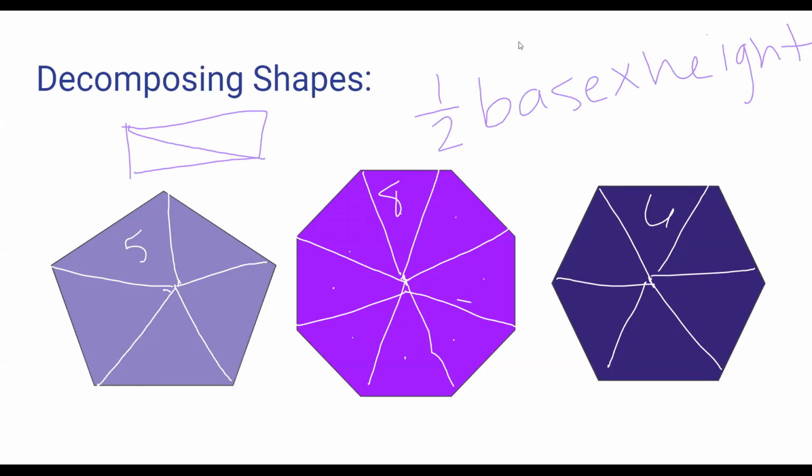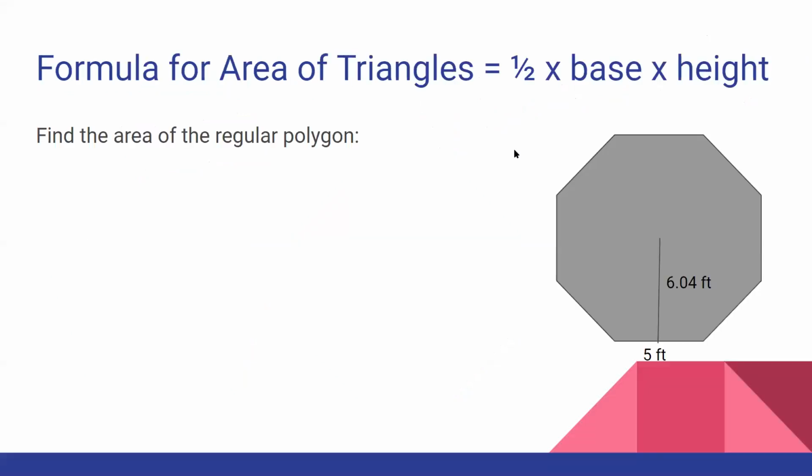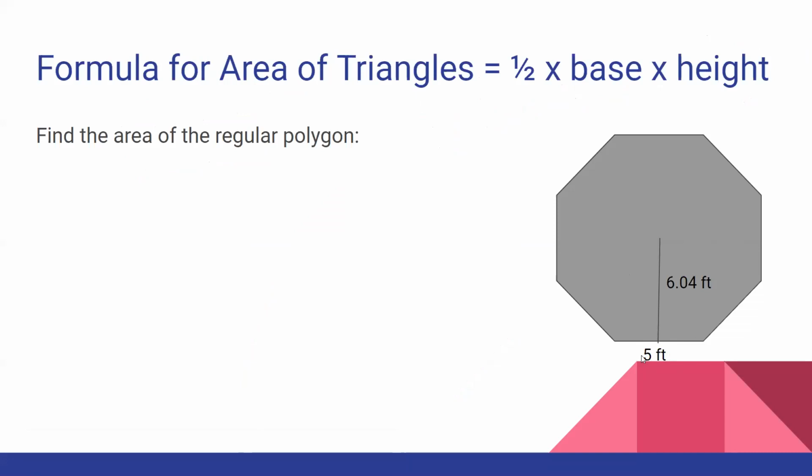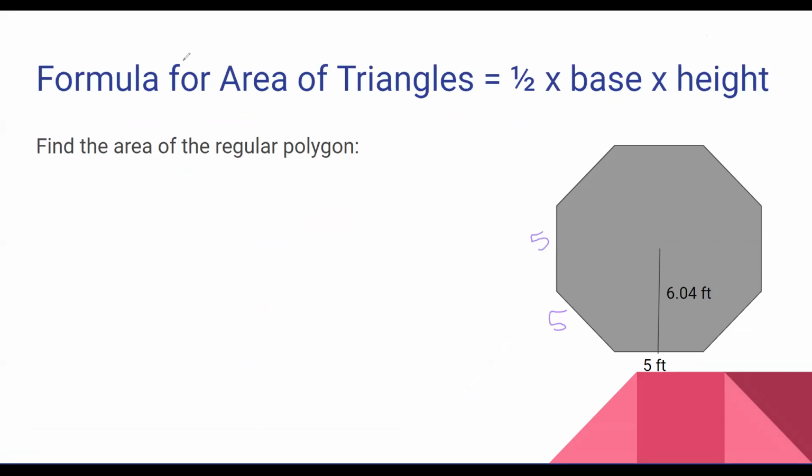So looking at 2 examples, this is one with an octagon. It's going to give you the information that you need. The base of the triangles is going to be 5. If this is 5 on one base, these are all going to be 5.